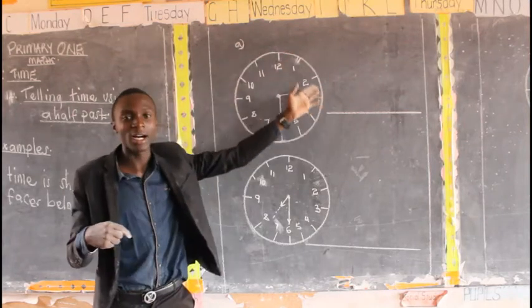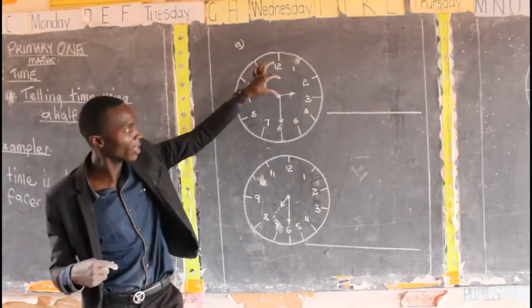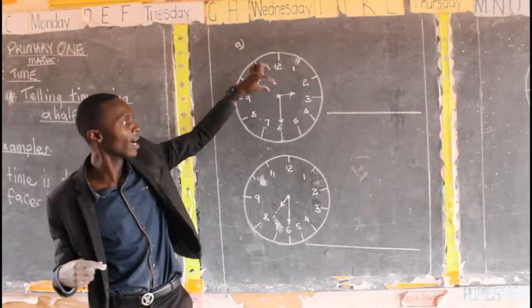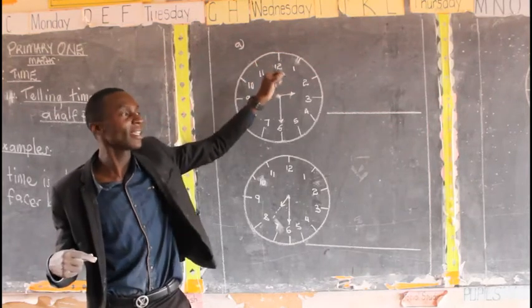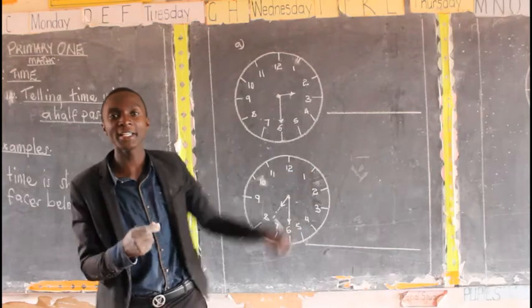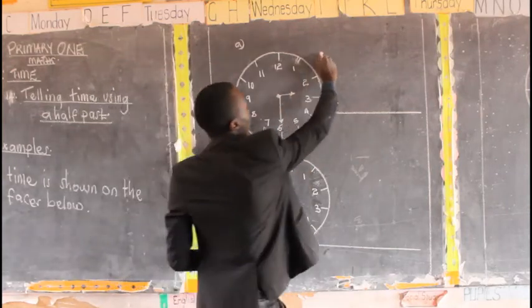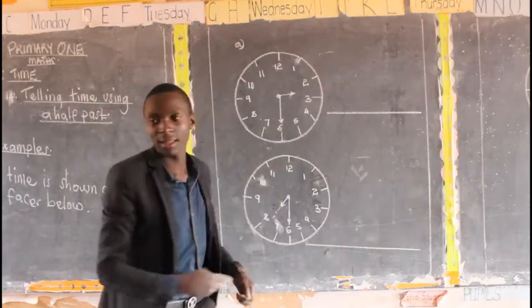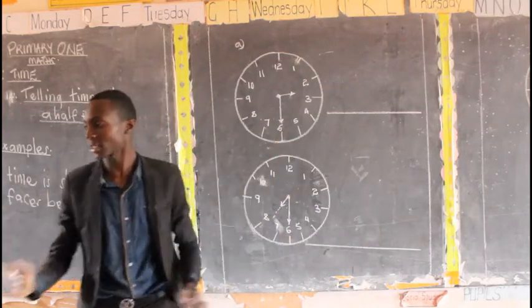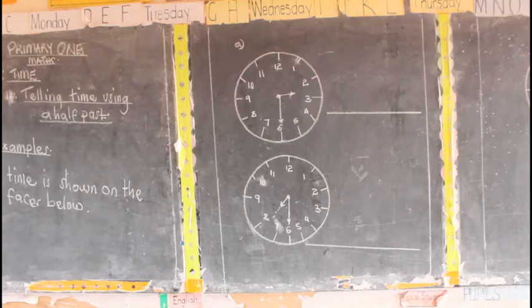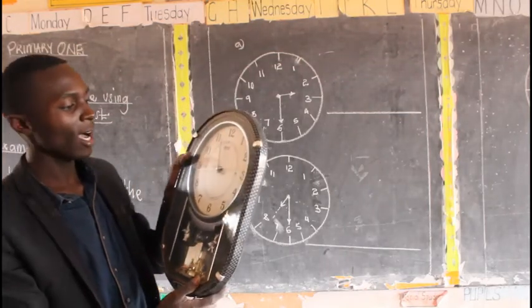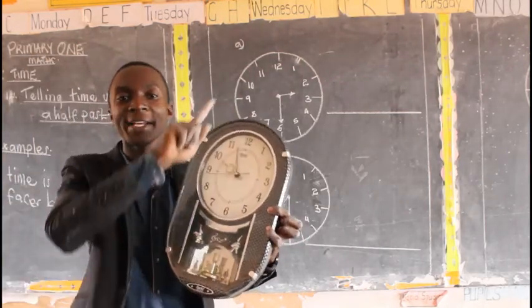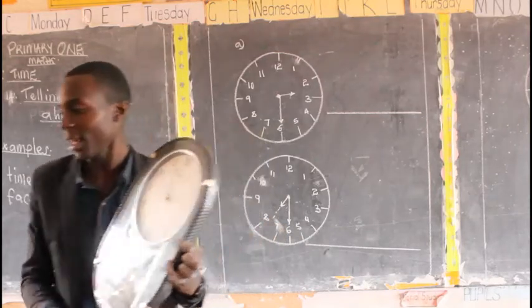The minute hand and the hour hand move clockwise, like the hands of an exact clock. If I give you an example, you realize that this clock is moving clockwise, going in the other direction.